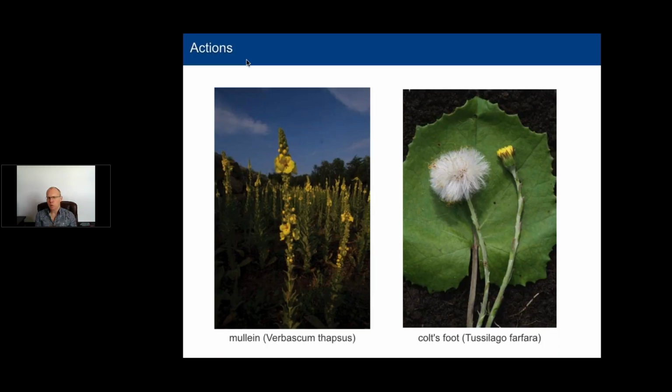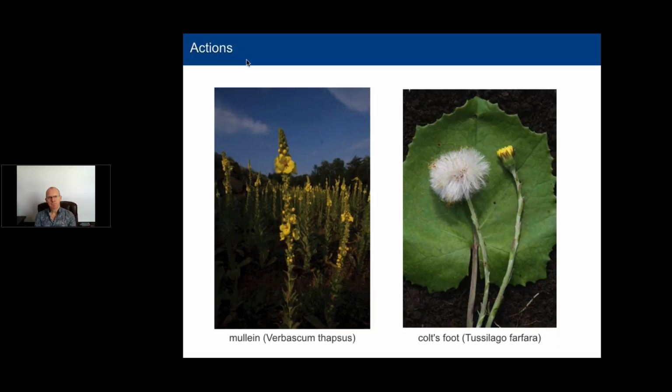But I suspect that the way they exert their effects on the lungs is, I know that mullein has a phytochemical that stimulates mucus production by inhibiting certain enzymes involved with mucus production. So it tells your body to make mucus, and it also has a little bit of mucilage that helps to coat your mucous membranes directly and indirectly.